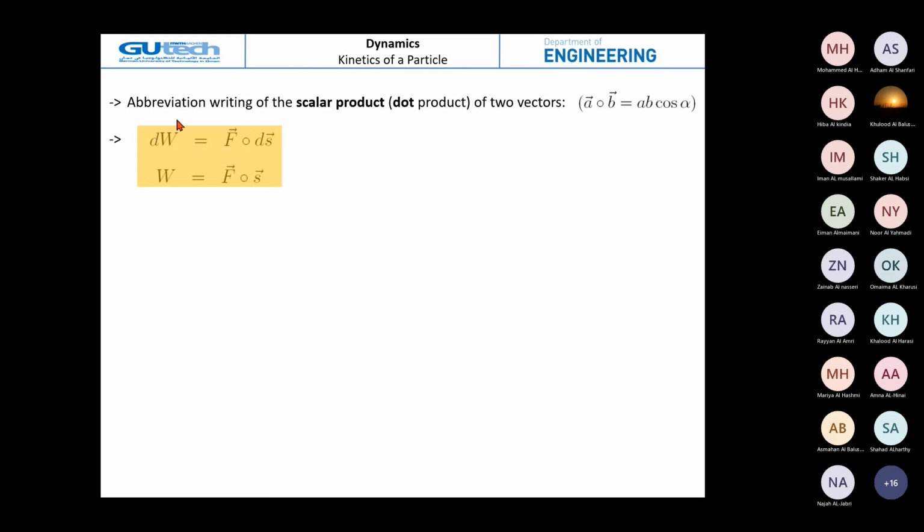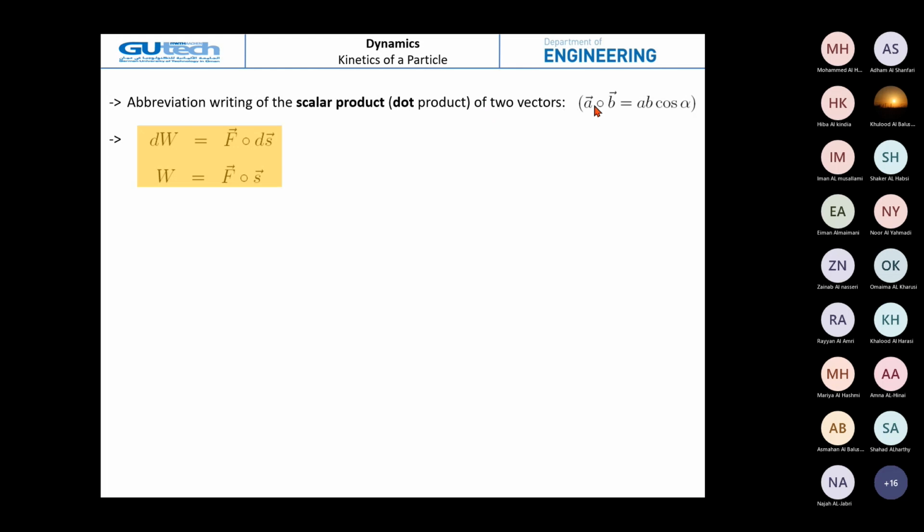Then the abbreviation here, writing of the scalar product, is represented by this small circle. We call it the dot product of two vectors.